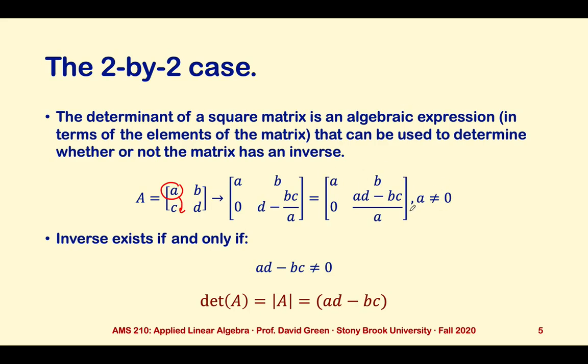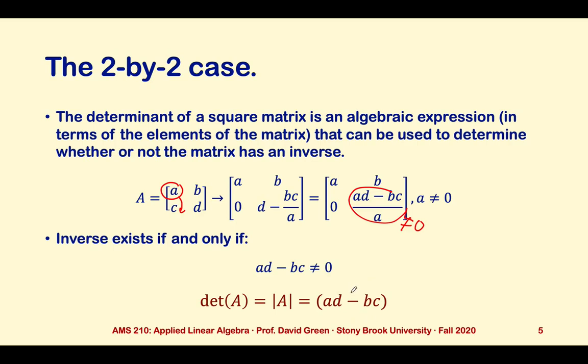The inverse will only exist if this second pivot is not 0. If this is not 0, then the matrix is non-singular. It is sufficient to ask if the numerator is non-zero, and so we can define a determinant as AD minus BC.